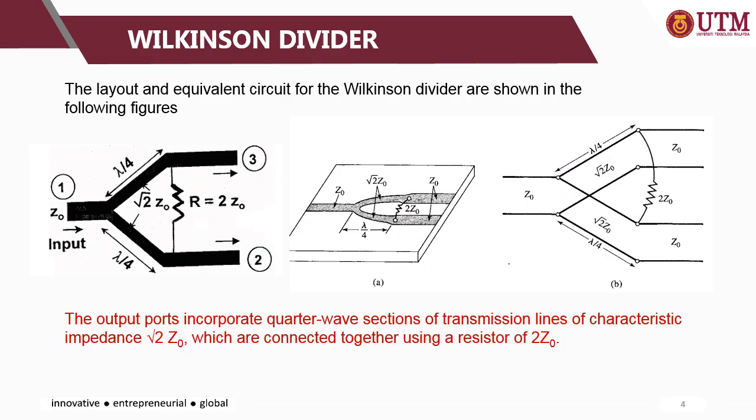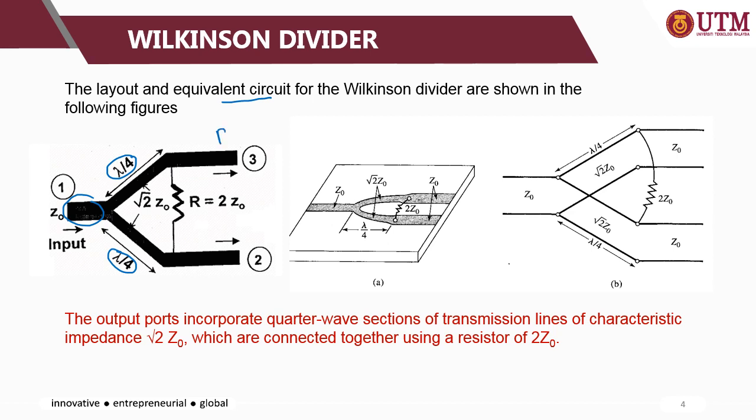This is how the Wilkinson power divider looks. The figures show the layout and the equivalent circuit for the Wilkinson power divider. So there's a lambda over 4 transmission line, or transformer, introduced between port 1, the input transmission line, and the output port 2 and port 3.